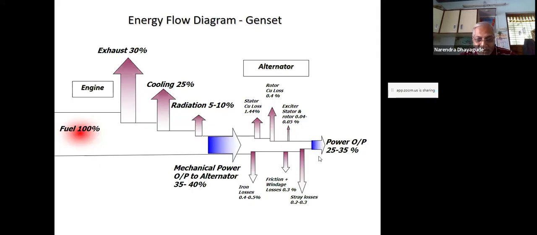Now this part is the alternator. In the alternator there are iron losses, stator copper losses, then copper losses in windings, rotor copper loss, exciter, frictional losses, windage, stray losses, and whatever remains is only 25 to 30% of the 100% fuel input. So as a thumb rule, the total efficiency of the DG set is around 35 to 40%.